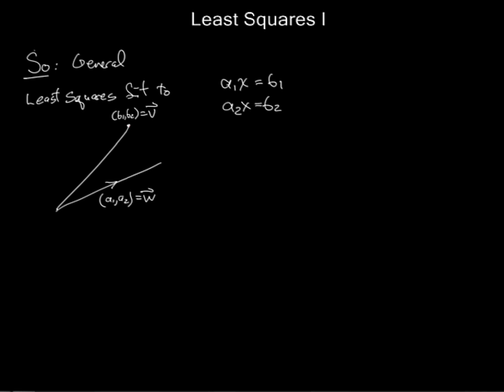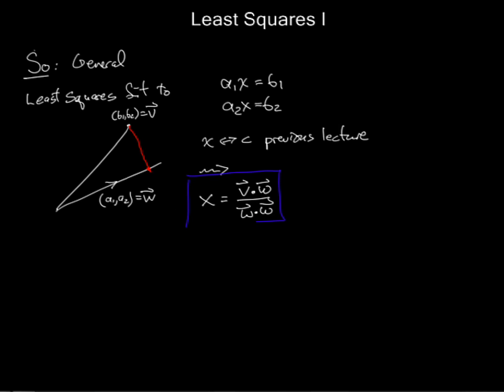And we write down this other vector (b1, b2), and we're looking for this projection. I've labeled these vectors v and w exactly the way we did in the previous lecture, and x corresponds to the number c that we were using in the previous lecture. And so from the method that we had there before, we know how to find x. It's v.w over w.w. So that's the least squares fit.